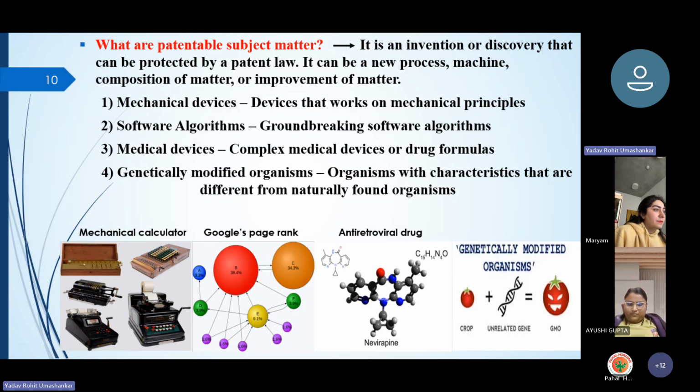It should not be a normal computer algorithm doing data analysis; that doesn't work here. Also new medical devices or drug formulas, and genetically modified organisms. Here I have shown an example for each of these classes.